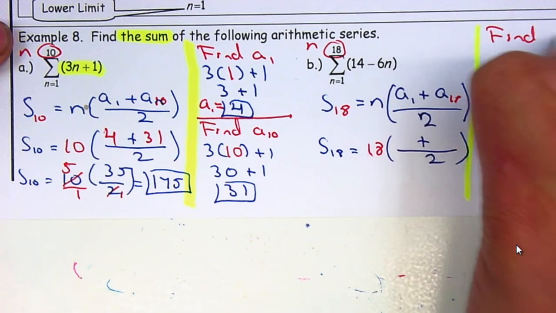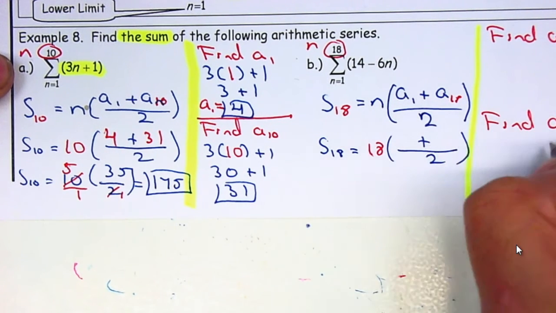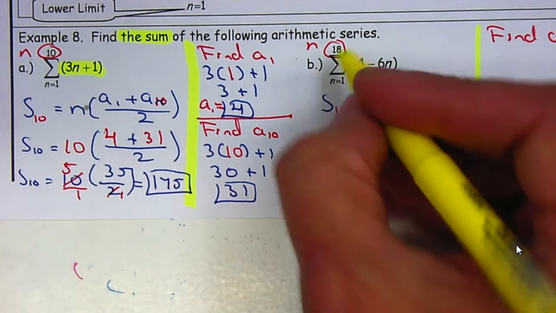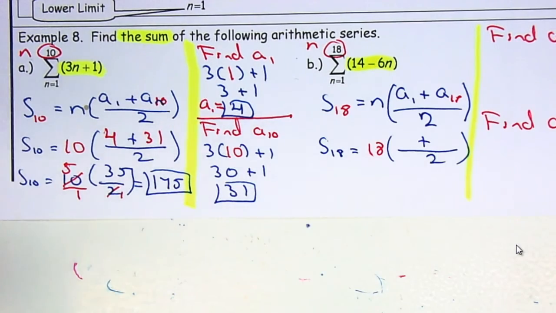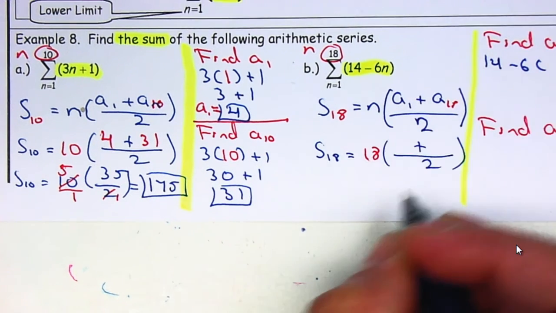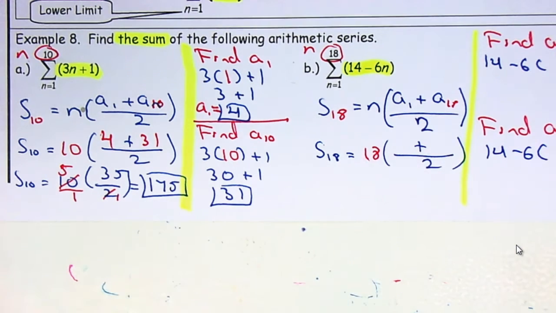Find a sub 1 and find a sub 18. Because they give you the n term or the equation, we can just plug it in. There'll be 14 minus 6n, but instead of the n, we'll plug in a 1 to find the first term. 14 minus 6n, but instead of the n, we'll plug in an 18 to find the 18th term.